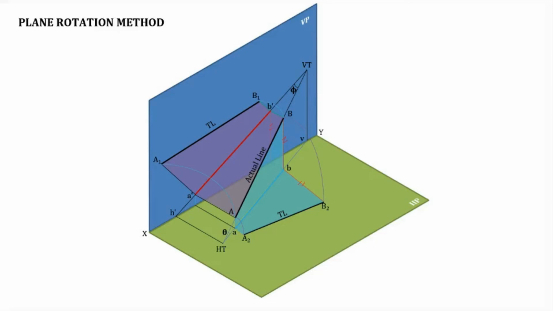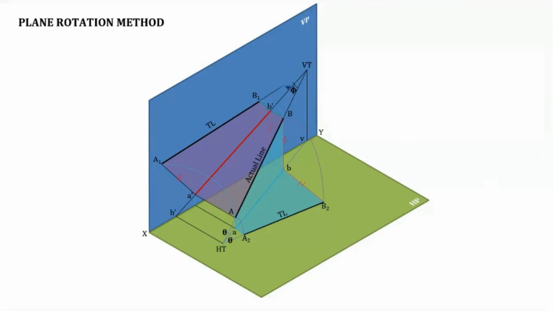Now here also, the distance A dash A1 is equal to the A dash A distance, and that is equal to the distance of A from the XY line. Likewise, the distance B1 B dash should be equal to the distance B dash B, the distance of B from the XY line. So in this case, the distances have a relation.